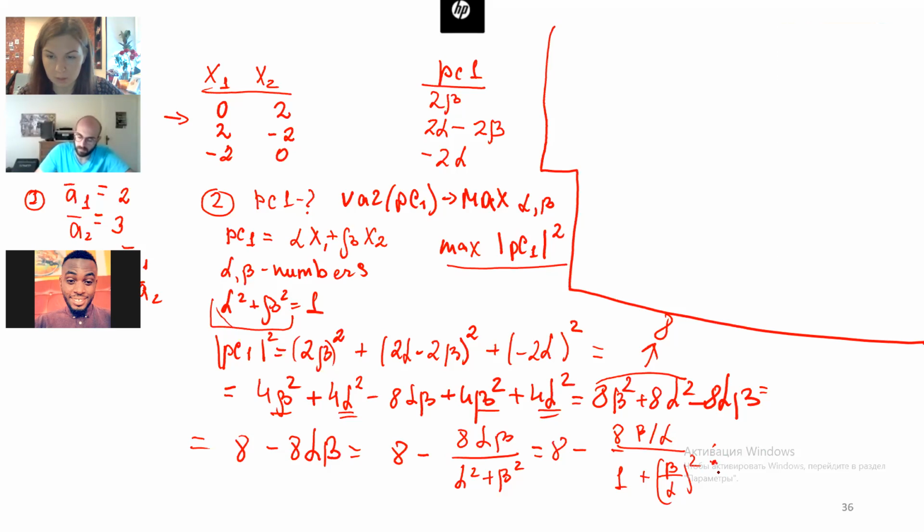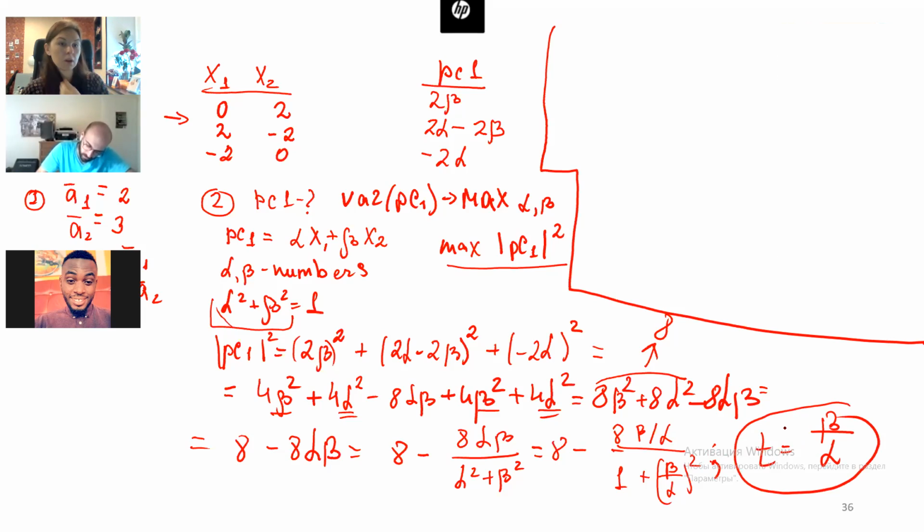Let's suppose that we have t equal to beta divided by alpha. So let's use this new variable t. It means that we will have f of t, some function.